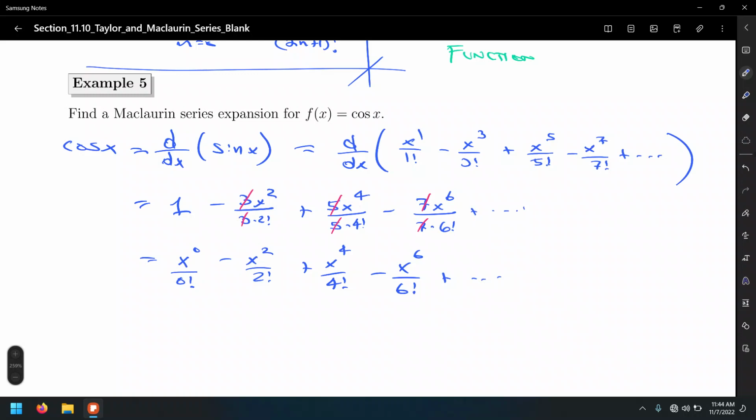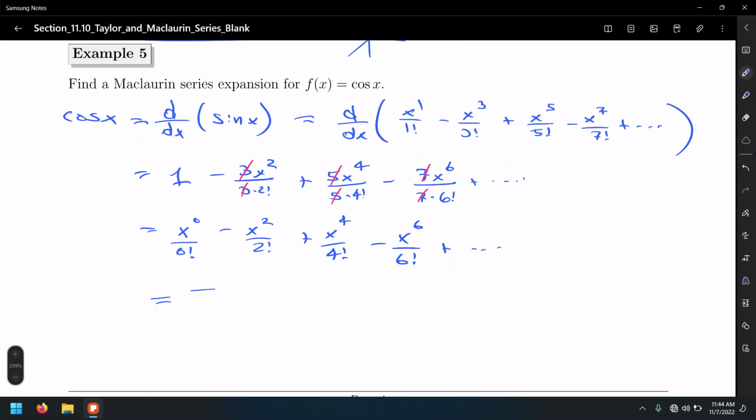We're going to do exactly the same for the cosine function. Sigma n equals 0 to infinity, negative 1 to the n, again because we need an alternating factor, and yes, the negative 1 to the n is going to work. And we're going to have x to some power over something factorial.